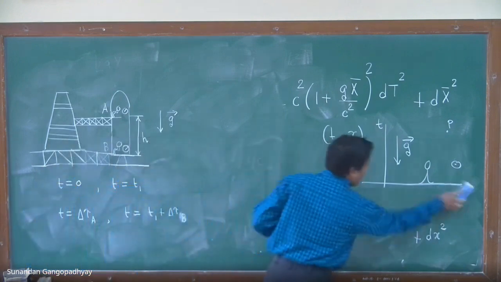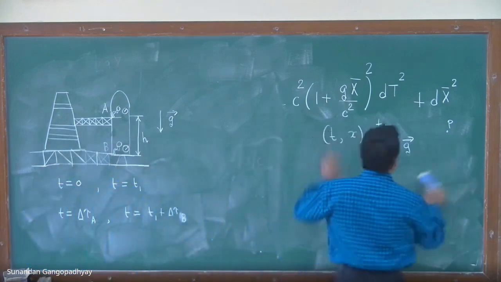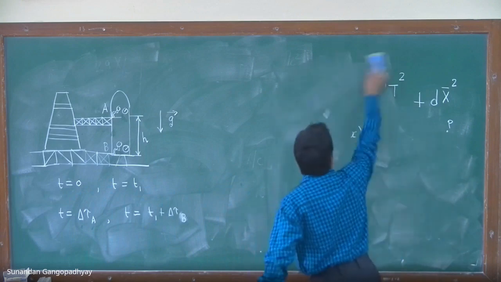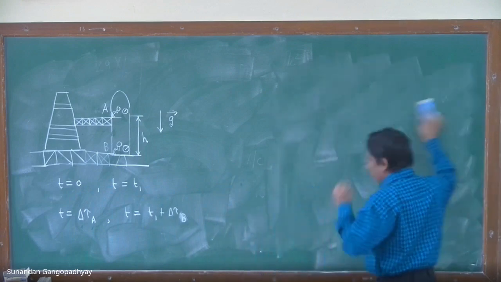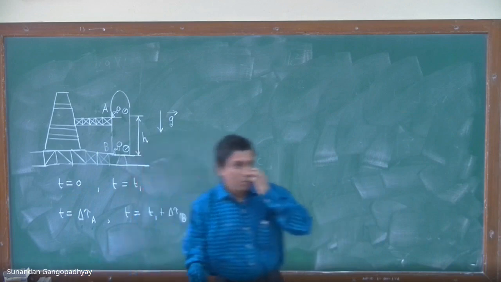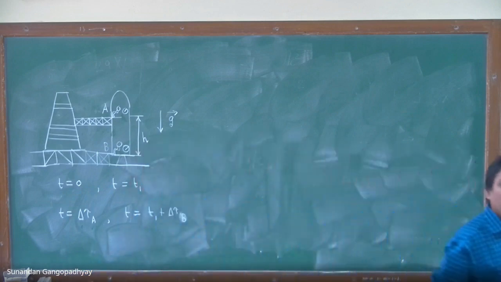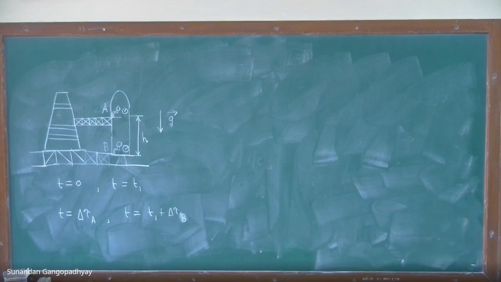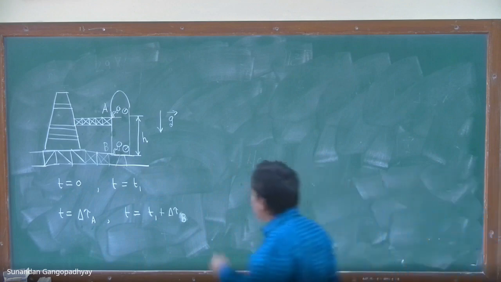If it is clear, let us do the calculation and see what happens. Once again, in a uniform gravitational field, you know what the metric is. We have just now derived it. You could have done the calculation from this metric also, but we will not do that. We will do it in a different way.